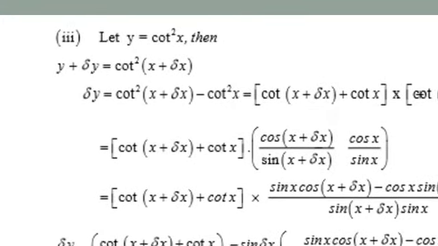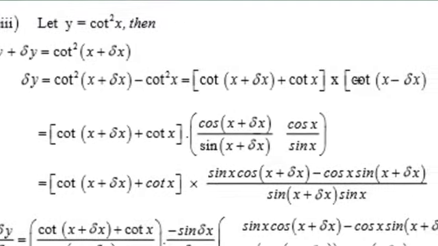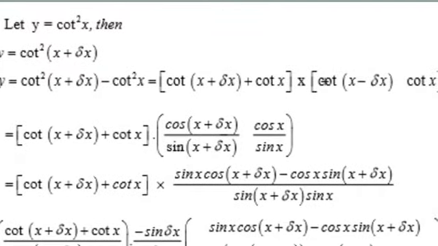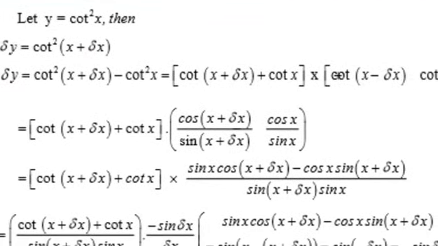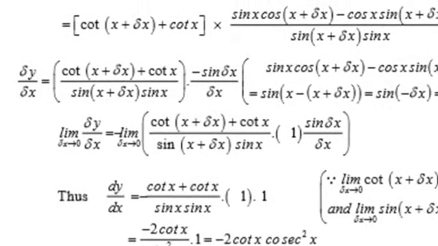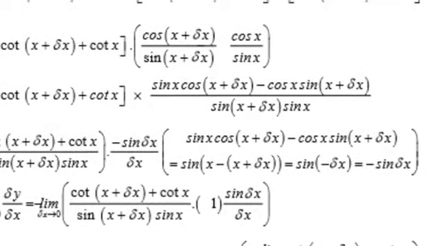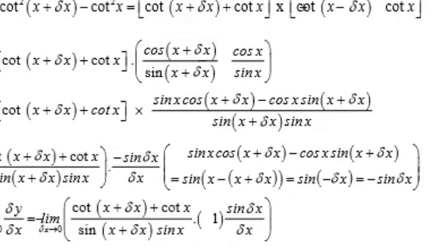Now in this question we have cot square x. Delta y is equal to cot square (x plus delta x) minus cot square x. We can write it as a square minus b square, which is (a plus b)(a minus b). Only for the negative values we can write these values.